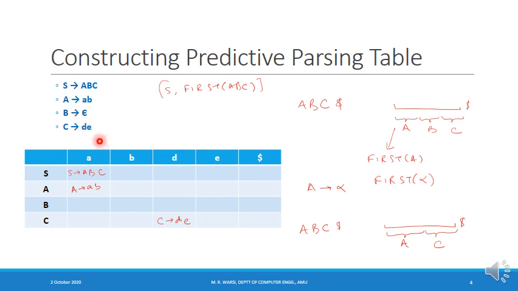So where will I be adding capital B derives epsilon in the parsing table? I'll add it at the location B comma whatever symbols are there in the follow of capital B. Follow of capital B is containing small d. So this is where I'll be adding the production capital B derives epsilon.